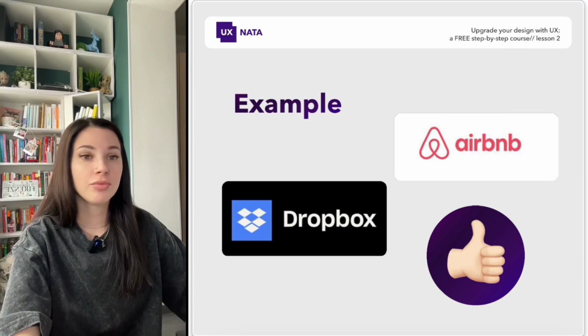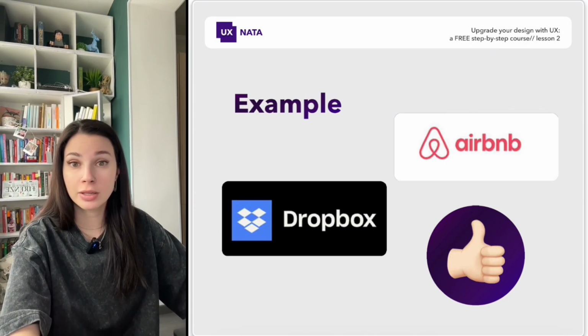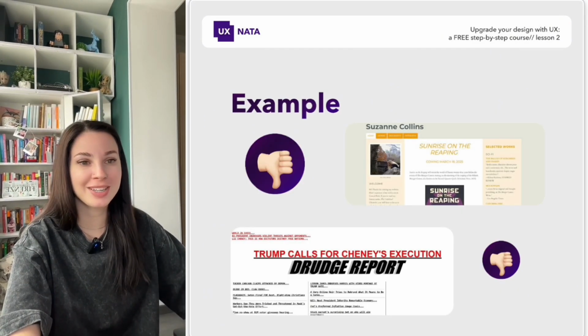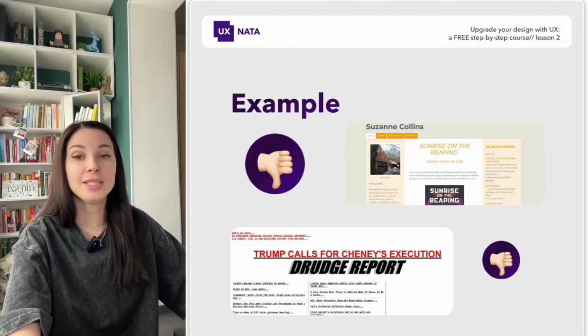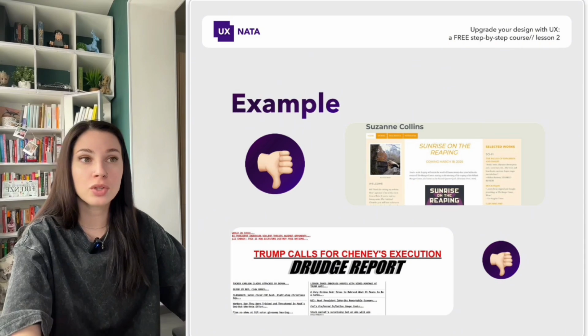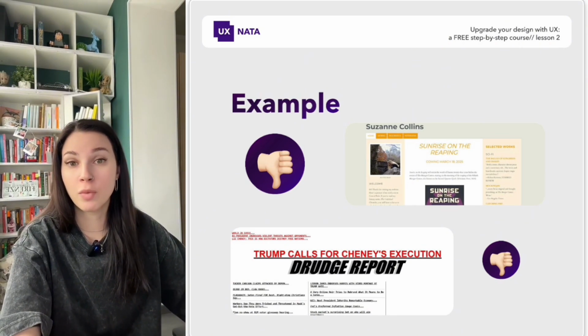For example, Airbnb, Dropbox are user-friendly websites. But, for example, Drudge Report and Susan Collins' website are not so user-friendly. And I'm sure that if you use UX audit and analyze your website, you can avoid this.